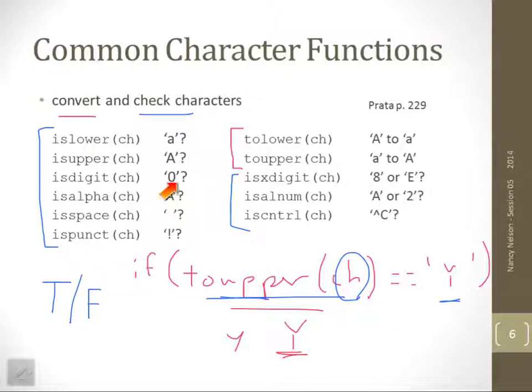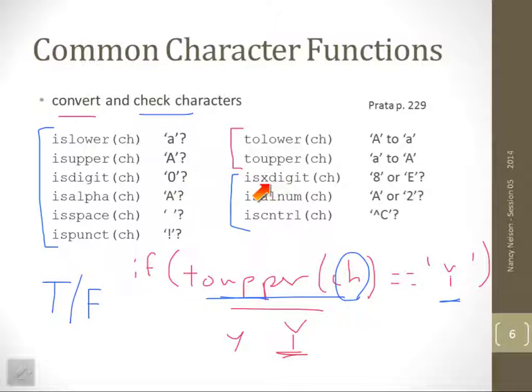If the character was 0 and I checked isUpper, it would return false because it's not an uppercase letter. If I had that same 0 and I said is it a digit, then it's going to return true because isDigit is going to return a true for anything that's a digit 0 through 9. We have over here, is it a hexadecimal digit?